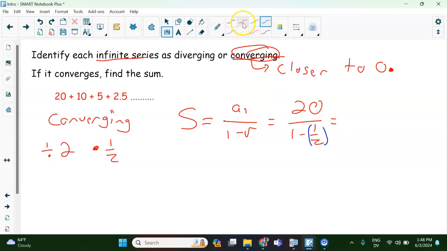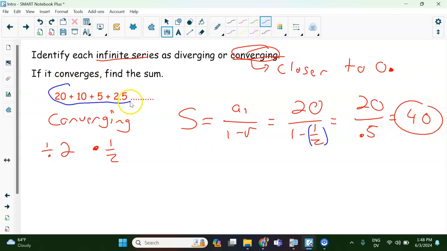I honestly would just do 1 minus 0.5 on the bottom to give you 0.5. Like 1 take away 1/2 is 1/2. And then divide these and you get 40. Okay, and that sum should make sense. If you look at these, add all these up, that's like 37.5 plus some extra stuff. So the fact we got 40 as a sum is probably a pretty reasonable answer.